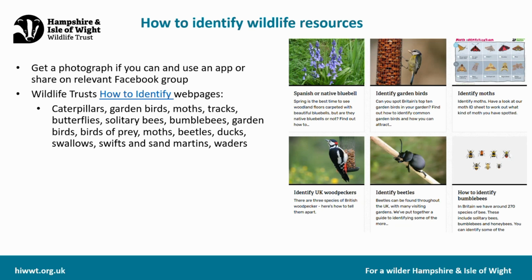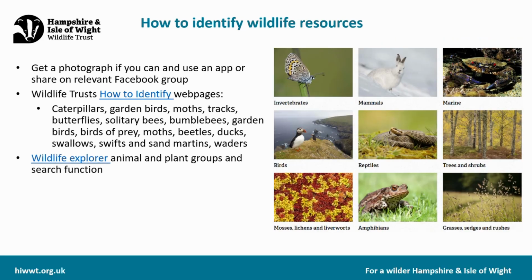So there's lots of different groups of animals there that you can click on to get more help with identification, and I'll give you more details about those different species. There's also Wildlife Explorer pages arranged by different animal and plant groups. So again, you can find more details for help with identification, and there's also a search function to get more information on a particular species.